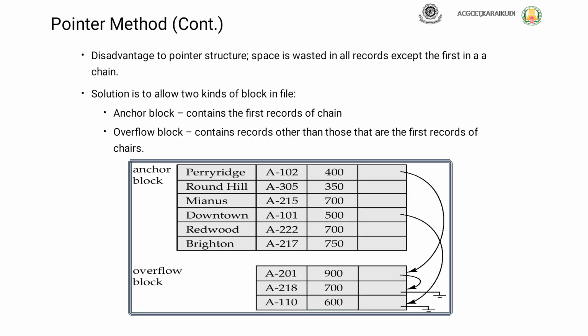So this is all in an anchor block, and the overflow block contains this. Thus all records within a block have the same length, even though not all records in the file have the same length.